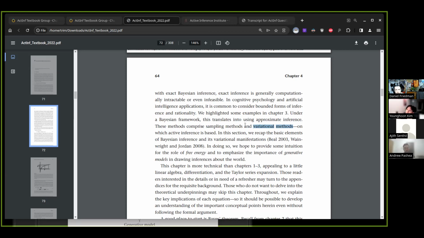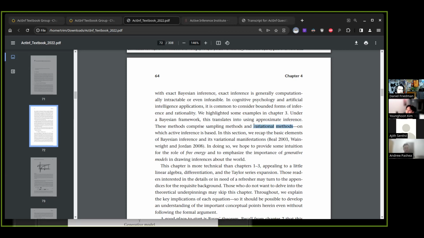So chapter 4 is going to describe generative models, which are using Bayesian networks, using Bayesian methods to describe cognitive systems, sense making, and action. And then the variational methods are going to support us doing optimization and inference with these models, approaching exact Bayes asymptotically.